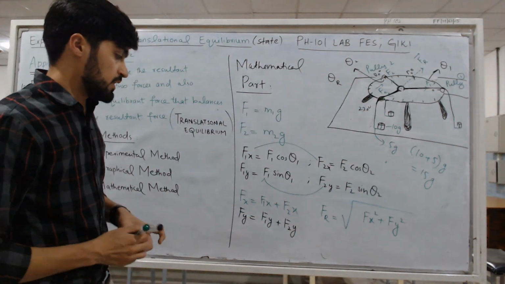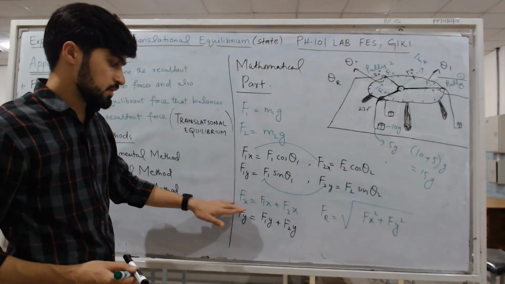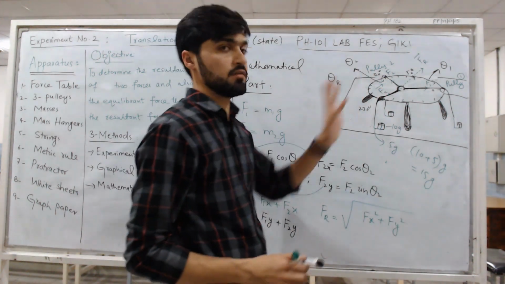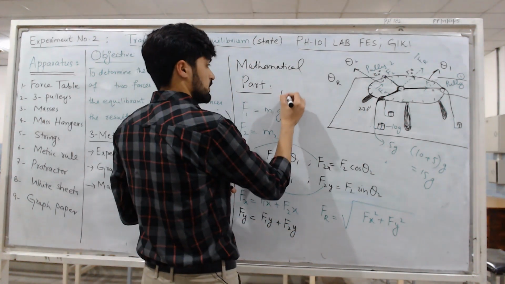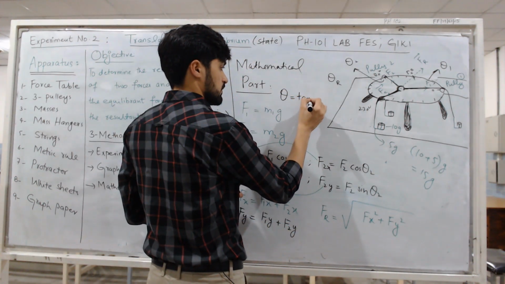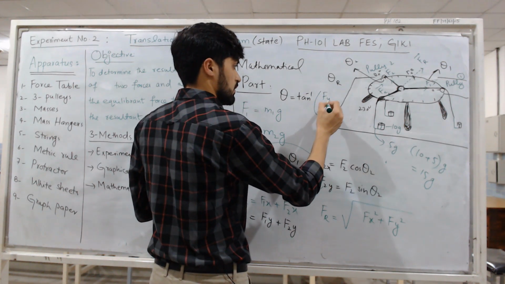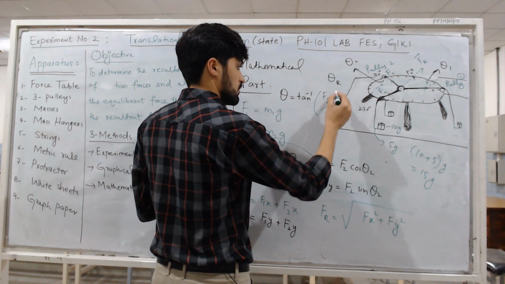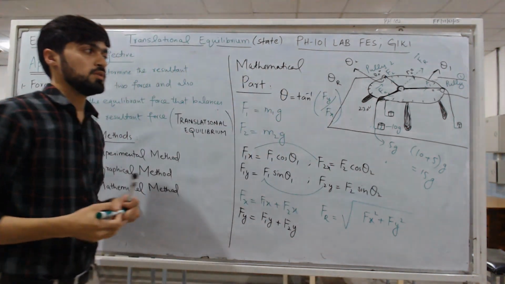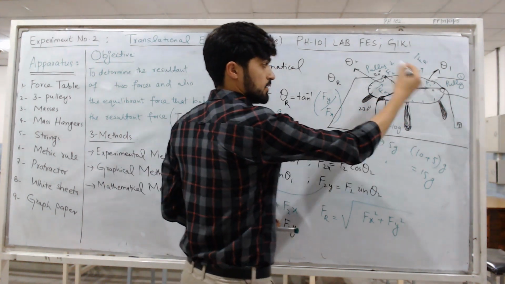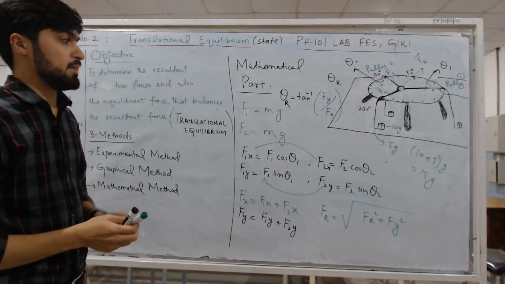Now if you know the x component and the y component of the resultant force, then you can easily find the direction of the resultant force. You take tan inverse of Fy by Fx. So this will give you the direction of the resultant vector. So this is the mathematical method.